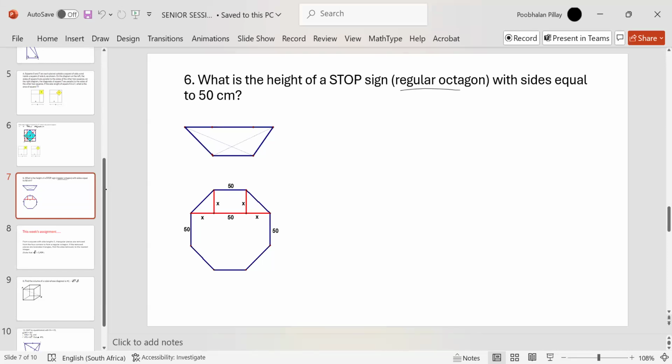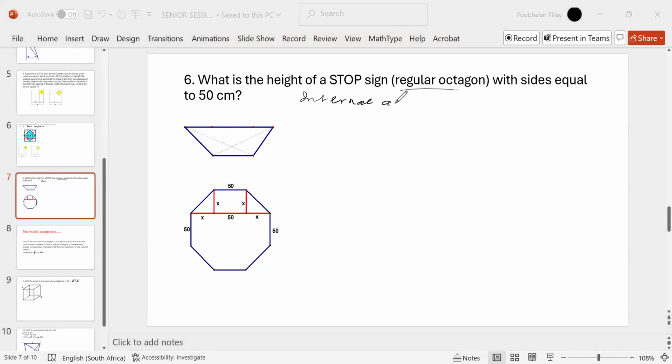Right? And what is the internal angle of an octagon? Well, the external angles, if you want, you can use that formula, but 2n minus 4 right angles.